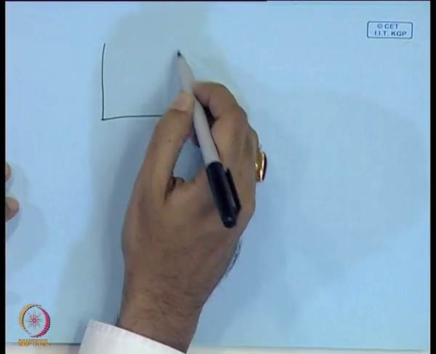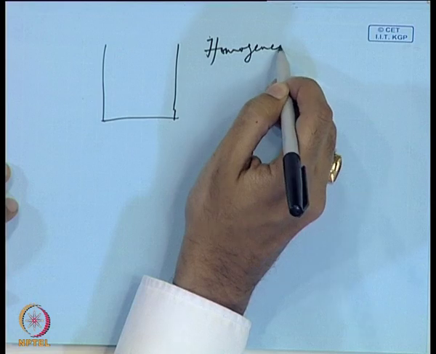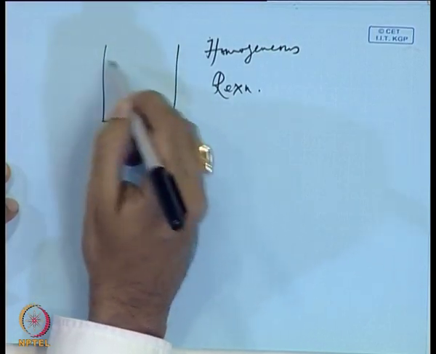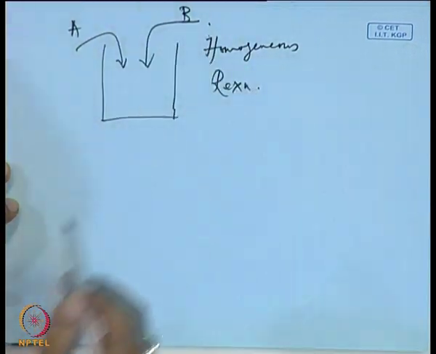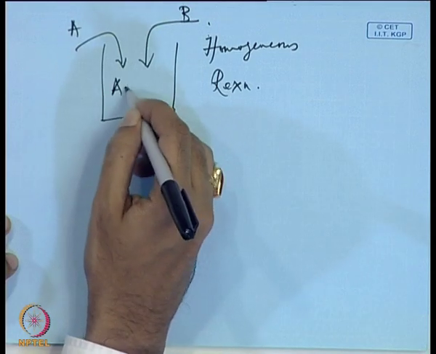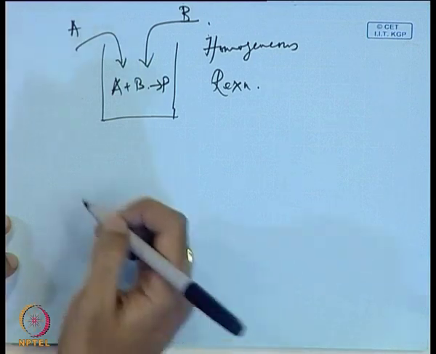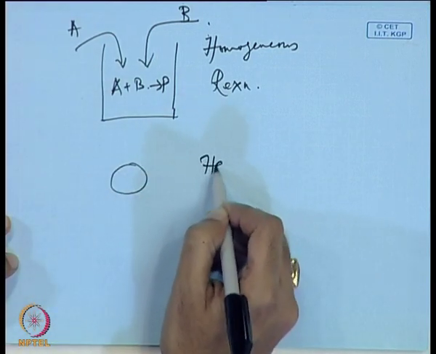Number 1 is homogeneous reaction. So, you have A and B going in, and the reaction is occurring. Then the second one is, say, a catalyst pellet. We took this as the heterogeneous reaction.